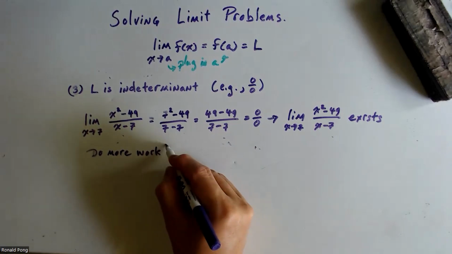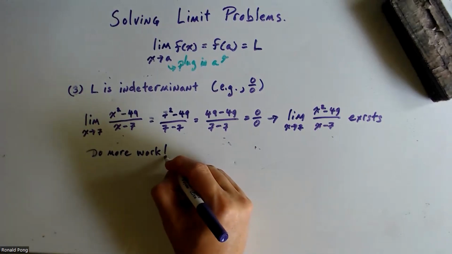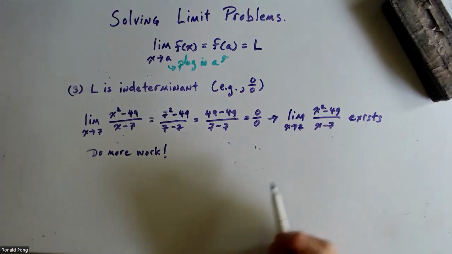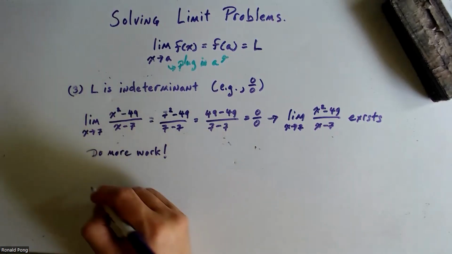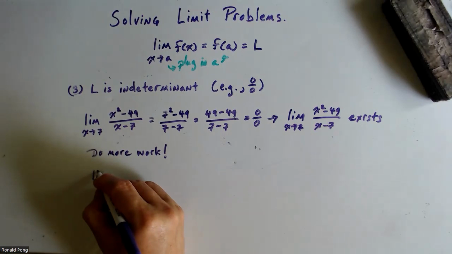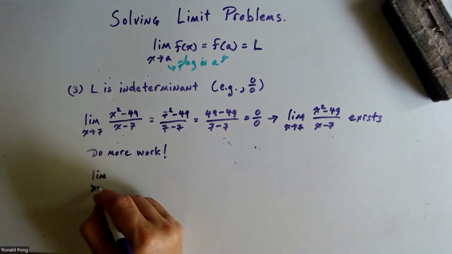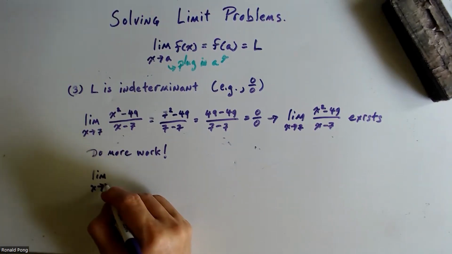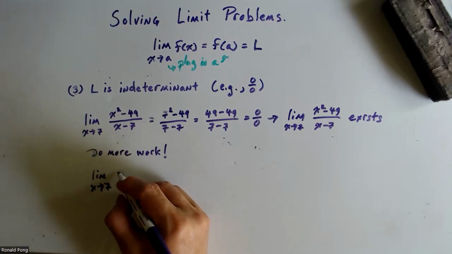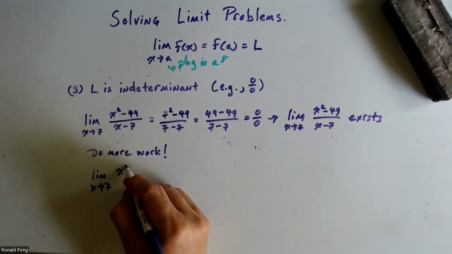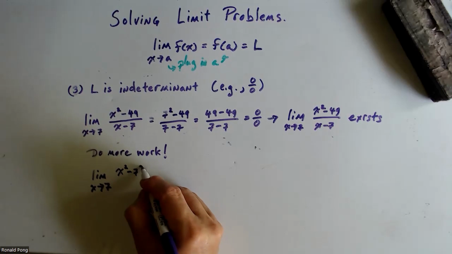We're going to use some of our techniques from algebra in order to do more work and find this limit. In this instance, we notice that x squared minus 49 is simply a difference of squares. It's x squared minus 7 squared.